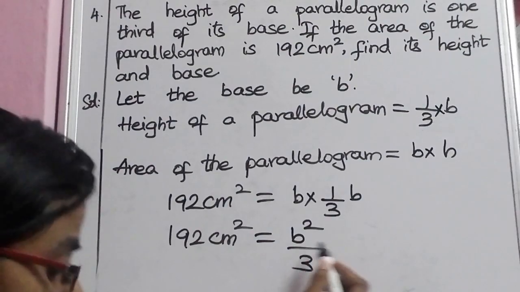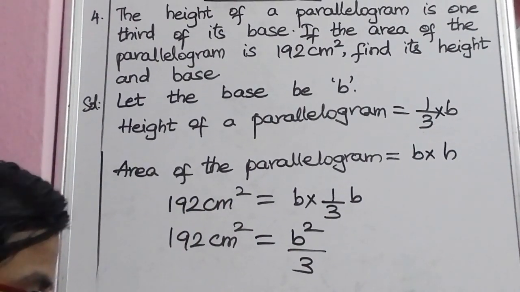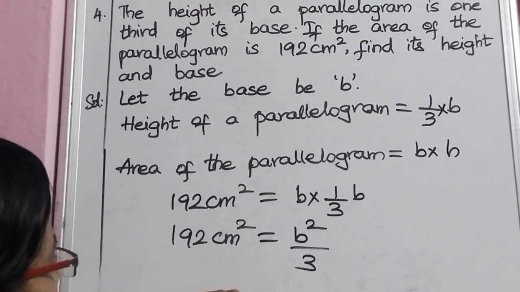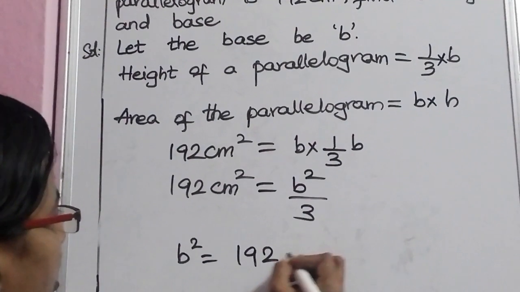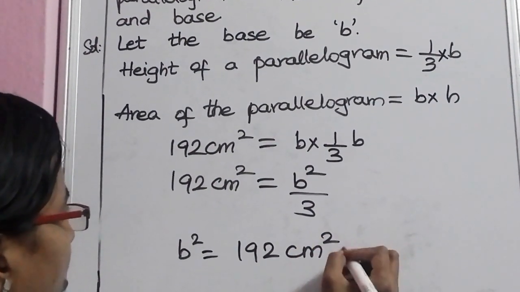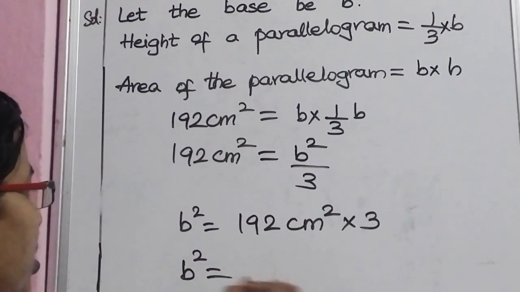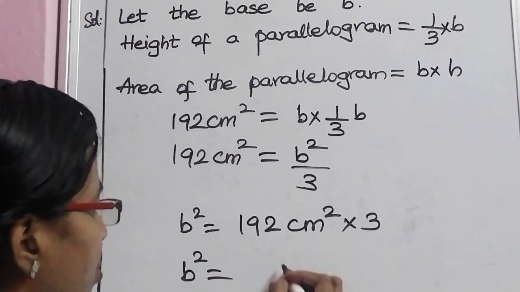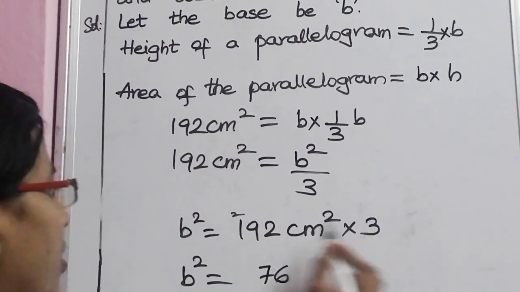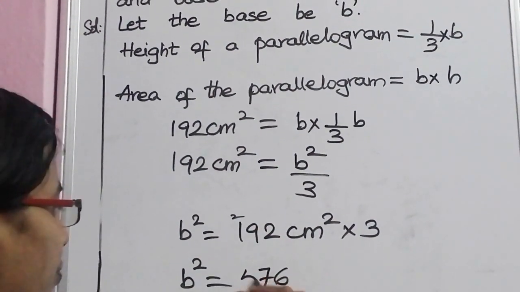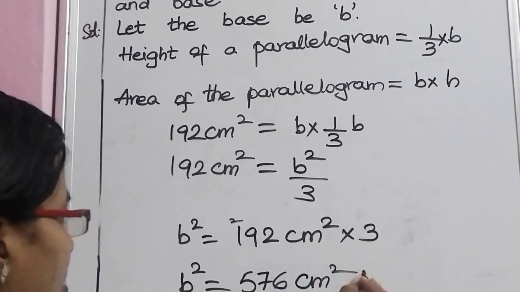This 3, that is division, when it goes to the other side it becomes multiplication. So B square is equal to 192 centimeter square into 3. 3 2s are 6, 3 9s are 27, 3 1s are 3, 4 5, 576 square centimeters.